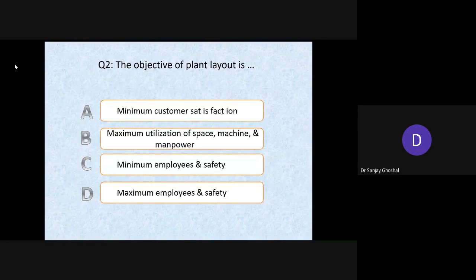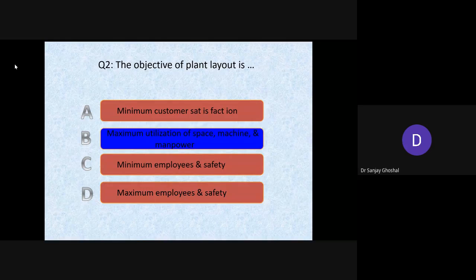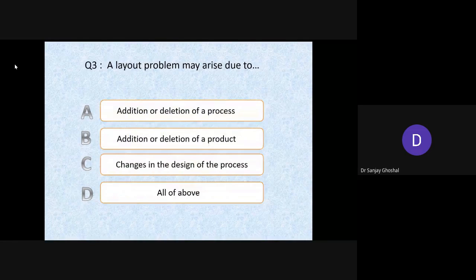C. Maximum employees and safety. B. D. B. Okay. All of the above.